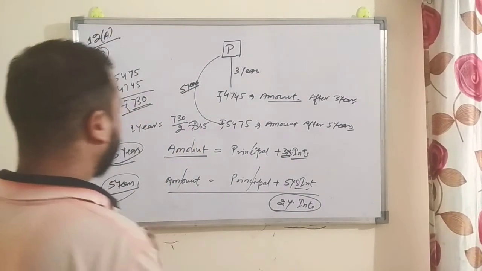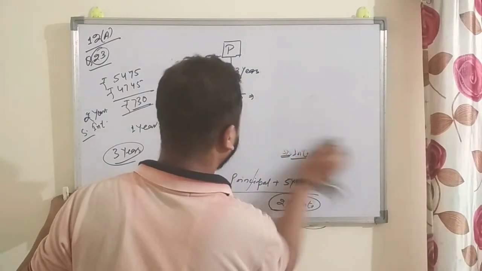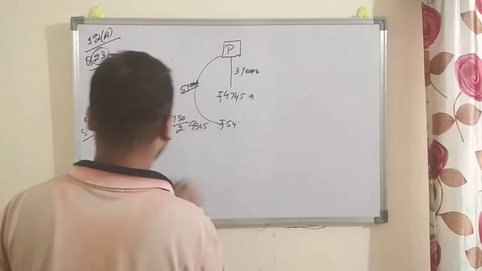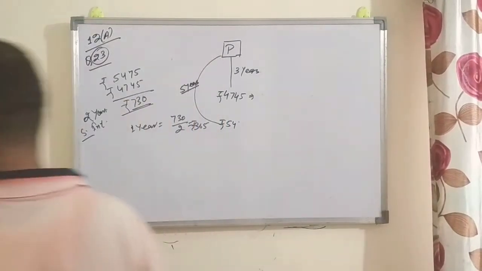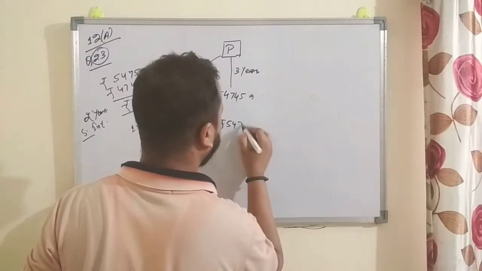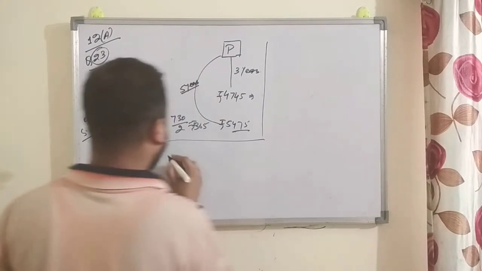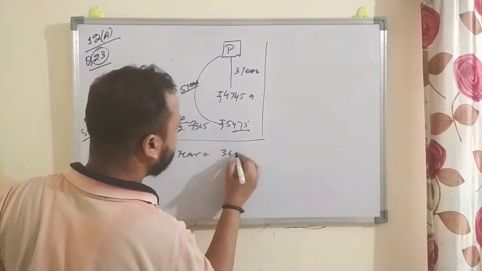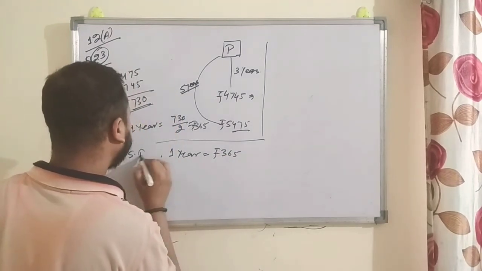Now this is 5475, right? So in 1 year you are getting 365 rupees as simple interest.